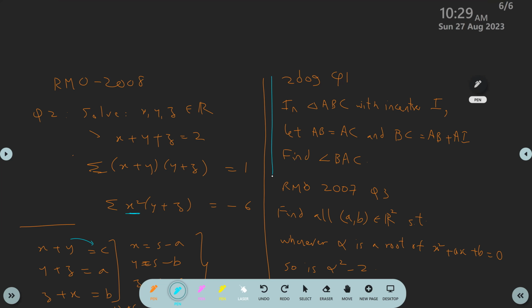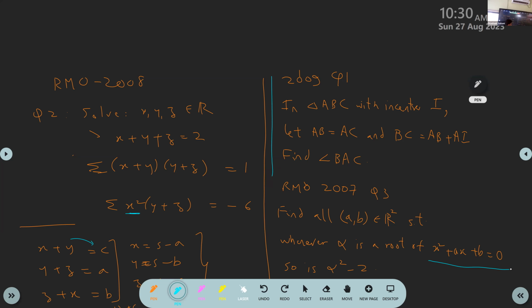Sir, I don't exactly understand what the third question is saying. It is saying: consider this quadratic expression x square plus ax plus b equal to 0. Whenever alpha is any root of that, alpha square minus 2 also should be a root. But sir, can't we just take any value for alpha and then form a quadratic?